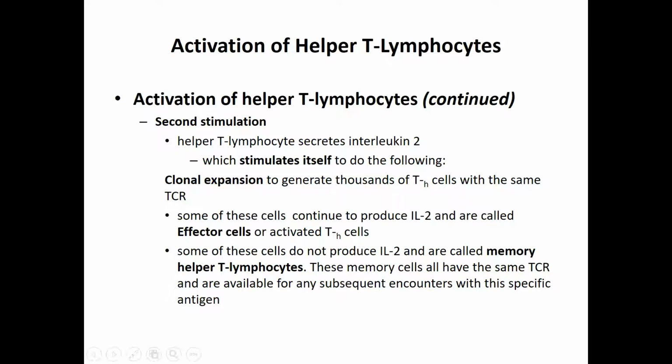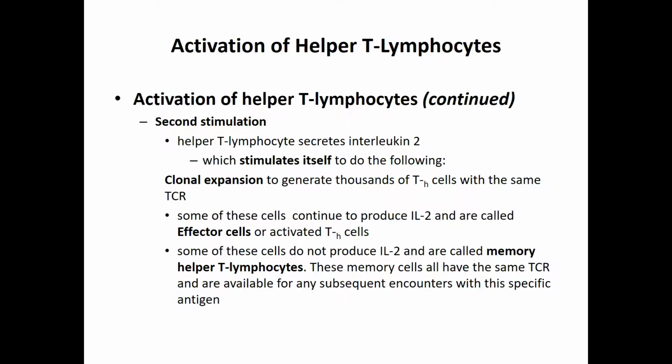Of this expanded pool of clone cells, some of these are going to be effector cells. And the effector cells are the cells that make and secrete a whole host of different cytokines. These cytokines stimulate cell division of immune system cells in general. Some of them are going to act on B cells, and that's going to stimulate the humoral response to this specific antigen.